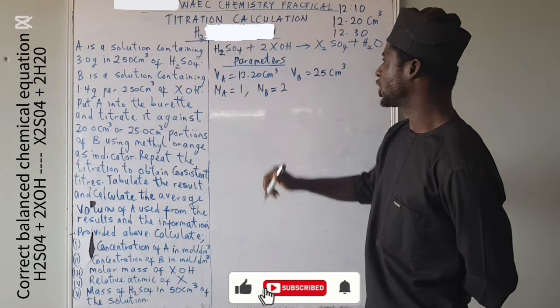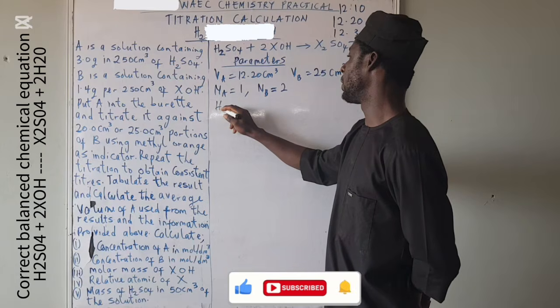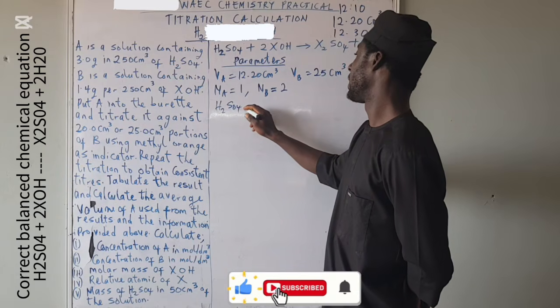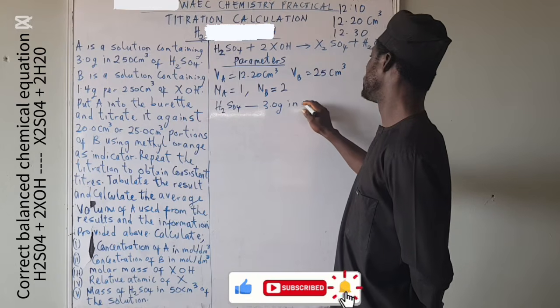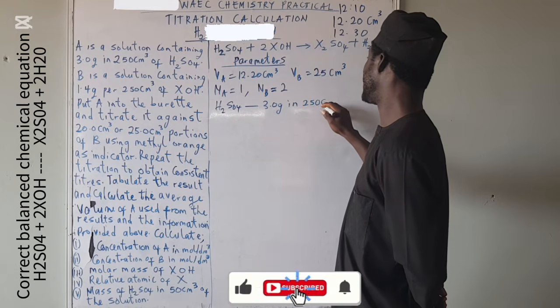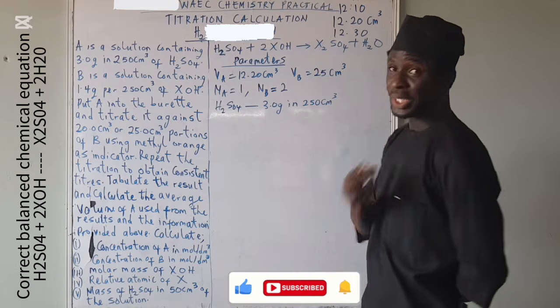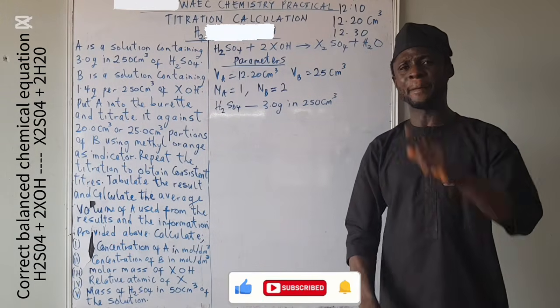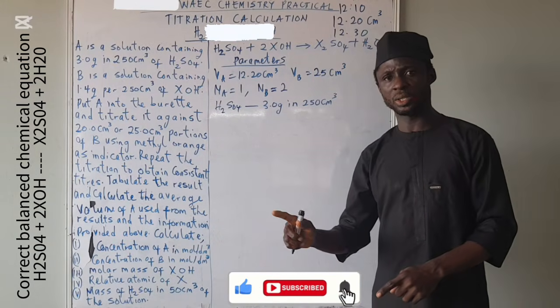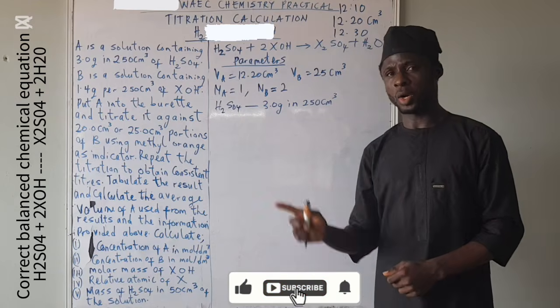So from our question here, our H2SO4, they gave us that they dissolve 3.0 gram in 250 cm3. But note that for our titration calculation, your concentration must be in mass concentration or molar concentration.